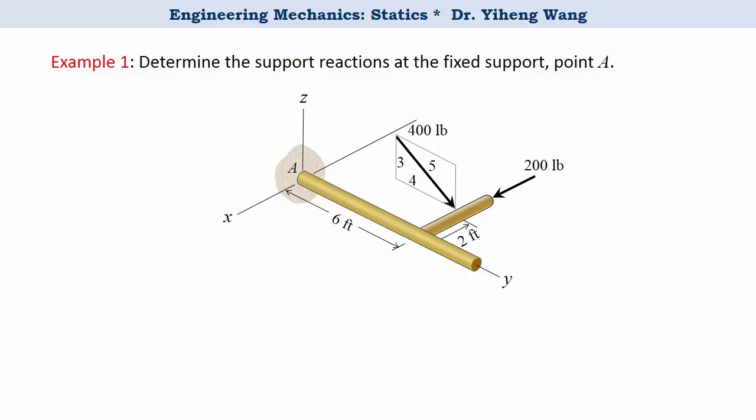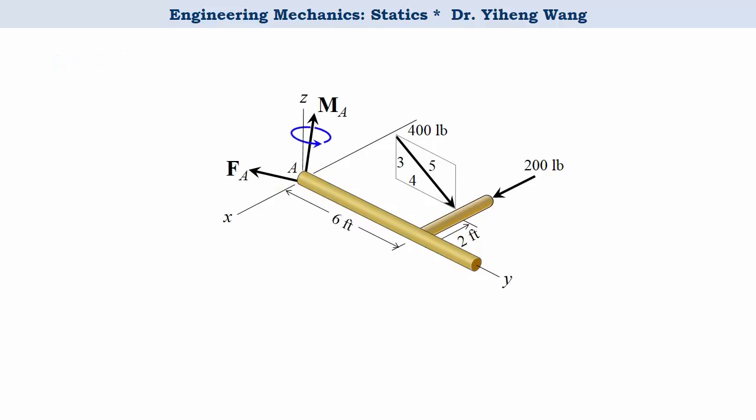Let's first try to solve this problem using the vector formulation and represent the support reactions at point A as vectors, force vector Fa and couple moment vector Ma, currently in arbitrary directions. And the 2 applied forces can be expressed as vectors as well.